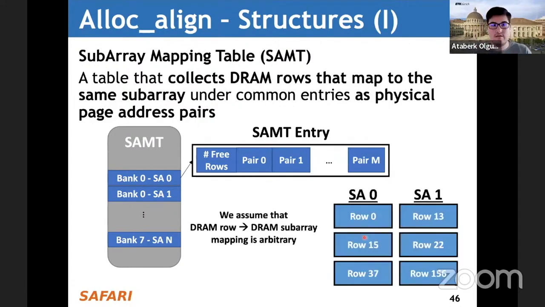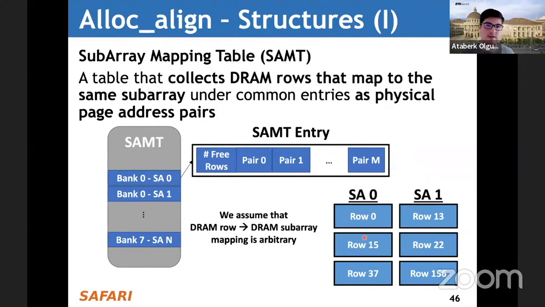And here we assume that the DRAM row to subarray mapping can be arbitrary, meaning that subarray 0 could have DRAM rows 0, 15, 37 mapped to it without any discernible pattern between the addresses. And another subarray could have rows 13, 22, and 156 mapped to it.